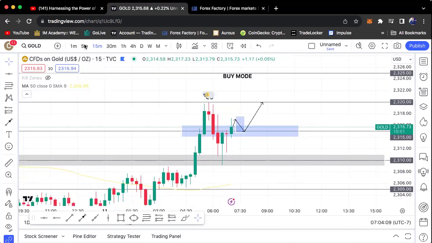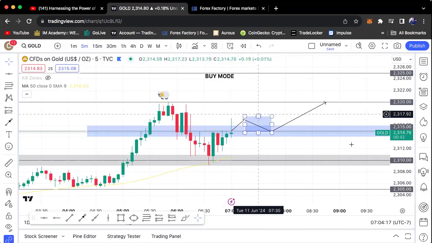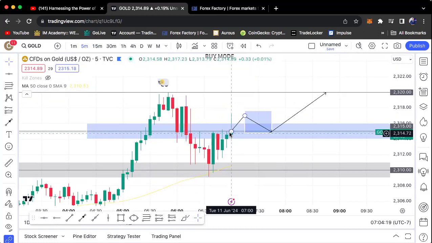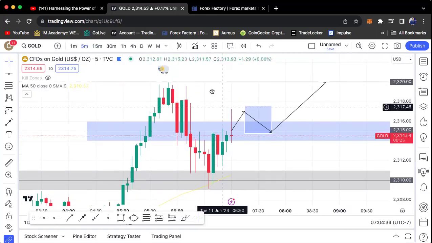You guys can either wait for the next 15-minute mark. We have 10 minutes left. You can wait for the next 15-minute for a confirmation. Right now, looking at the 5-minute, it hasn't fully broken above structure and closed. I want to see a close above structure. Right now, it's just within my zone here. This is where patience comes in, guys.